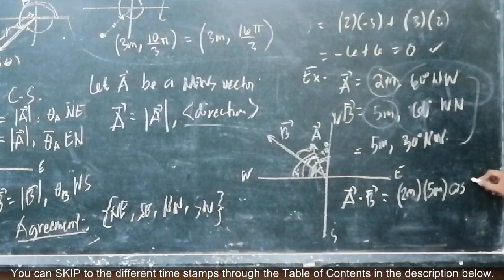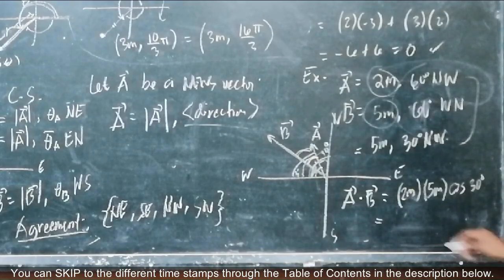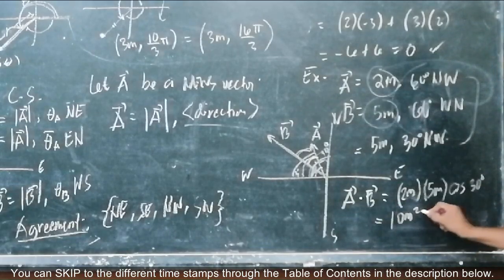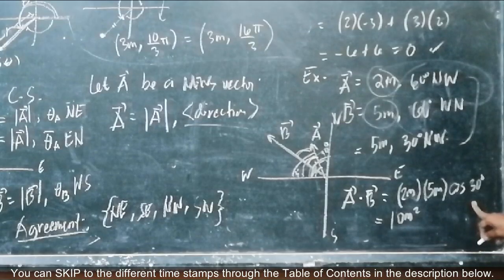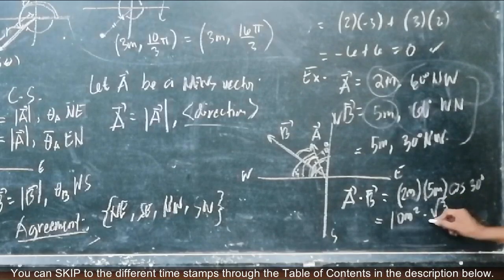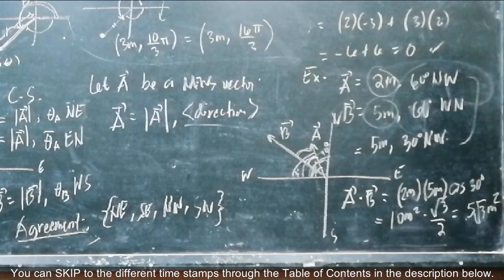So cosine of 30 degrees, which is what? This is 10 meters squared times cosine of 30. What is the cosine of 30? It is square root of 3 over 2, so this is 5 square root of 3 meters squared.